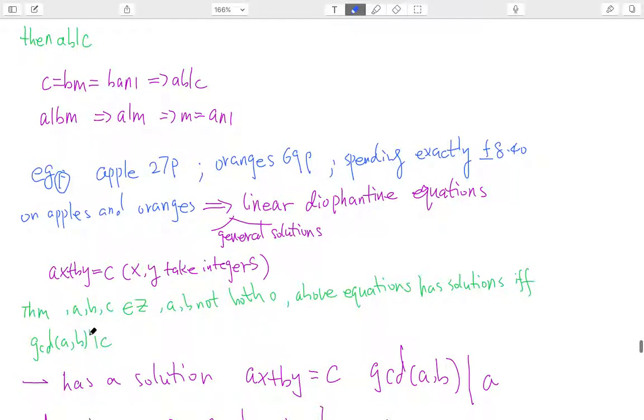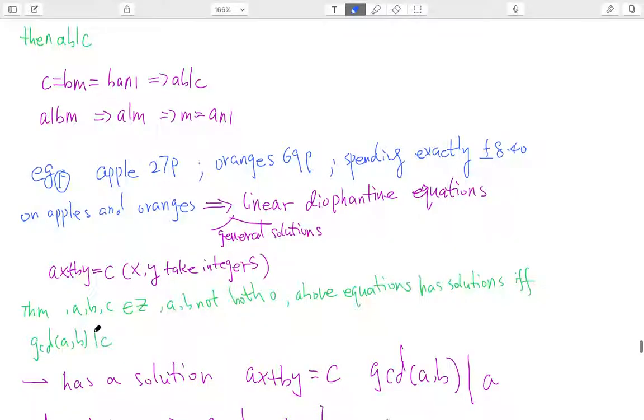If a, b, and c belong to the integers where a and b are not both 0, the above equation has solutions if and only if the greatest common divisor of a and b divides c. So again, we need to prove this theorem, and it's straightforward.